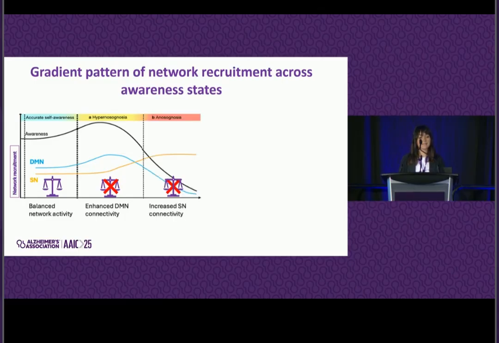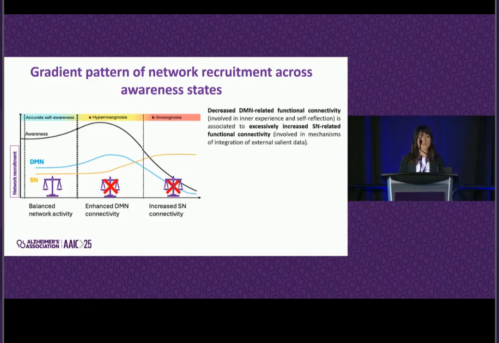On the contrary, in anosognosia, this imbalance shows an increase of salience network connectivity. So in anosognosia, the decreased DMN-related functional connectivity that we know is involved in inner experience and self-reflection is associated with an excessively increased salience network-related functional connectivity that is involved in mechanisms of integration of external salient data.